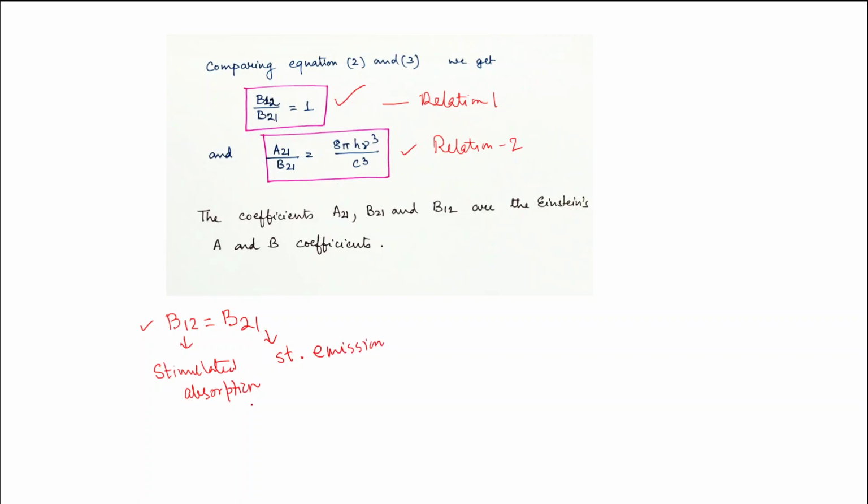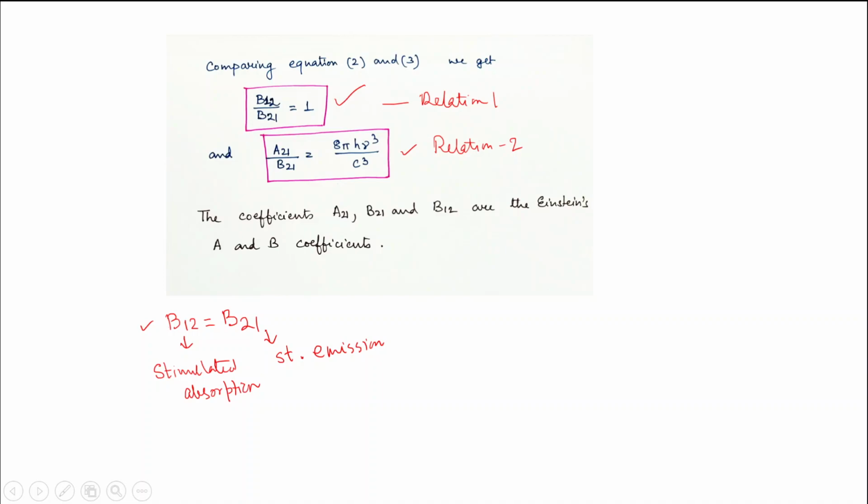So that means these two rates will be equal. So if these two are at equal rate, therefore no population inversion can be achieved in a two-level system, which means no laser can be formed in this two-level system. So for a two-level system, we cannot get laser.